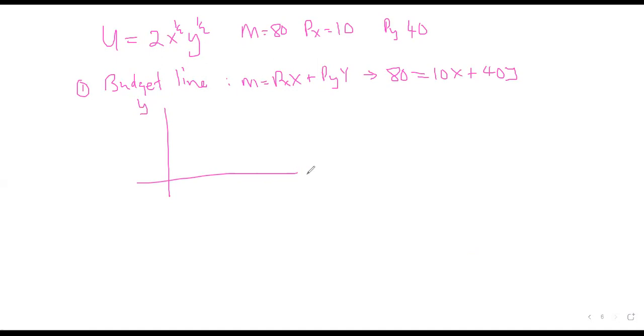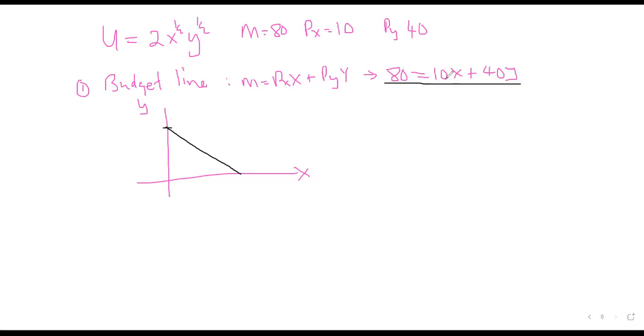So even sketching it, who wants to help? On the Y, where do we cut? On the X, where do we cut? Okay, help me with that. So to cut the Y at what?